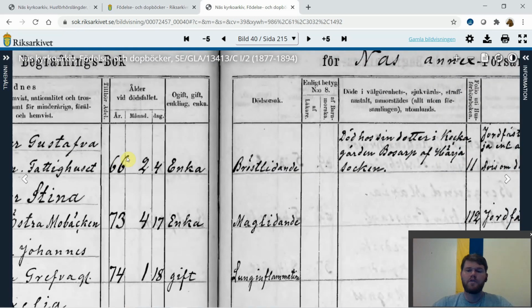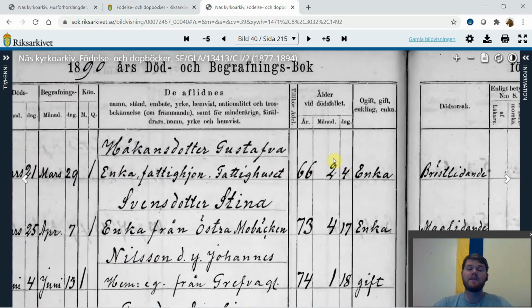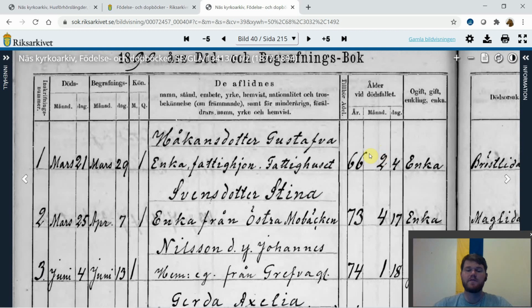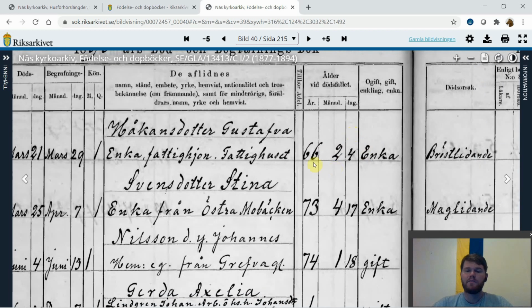If you want to, and sometimes it's necessary to determine that it's the correct person, they'll sometimes have the age at death right here. So this is how many years and how many months and how many days old they were.